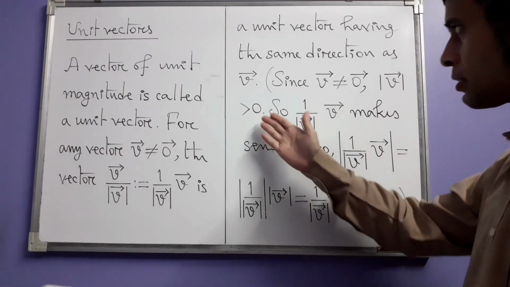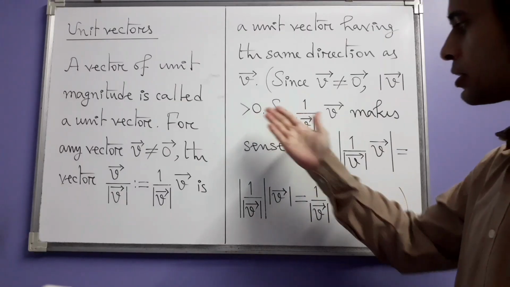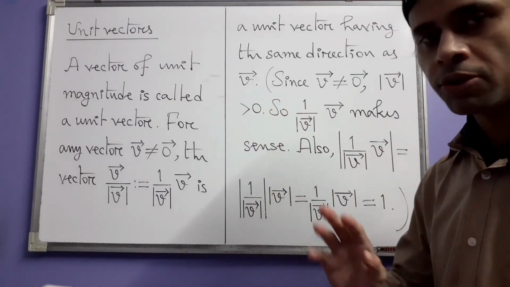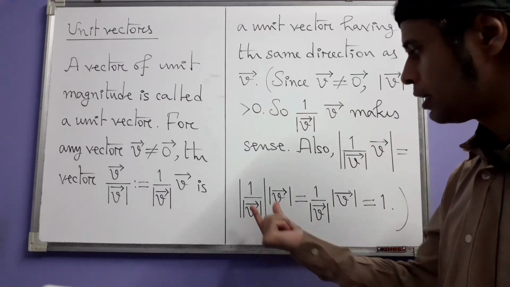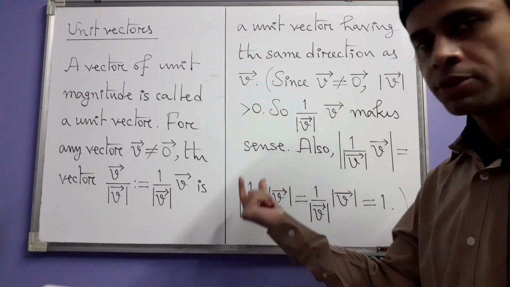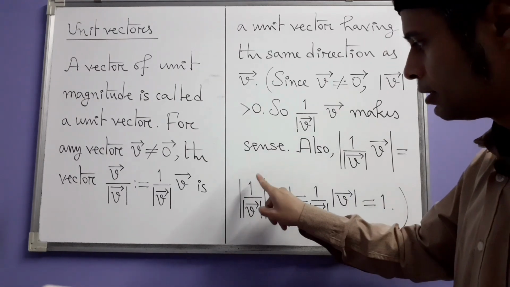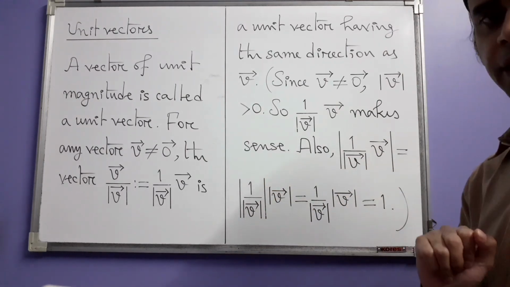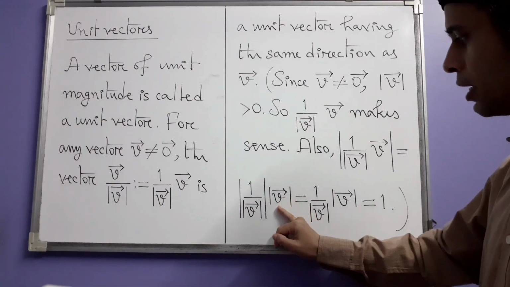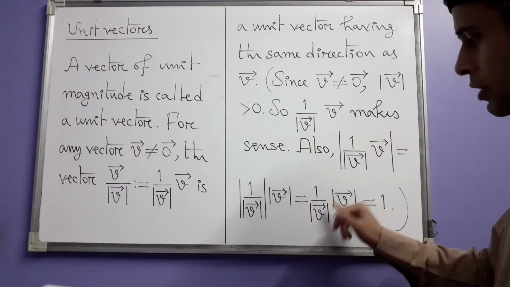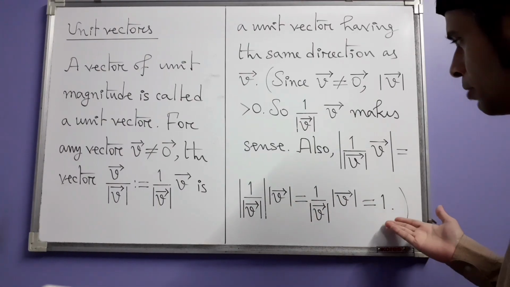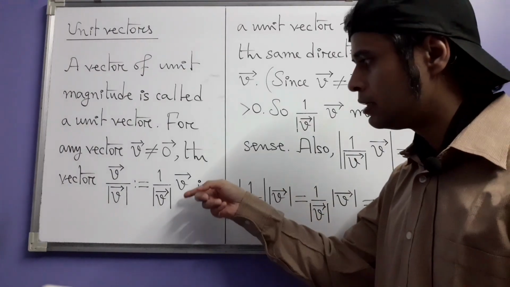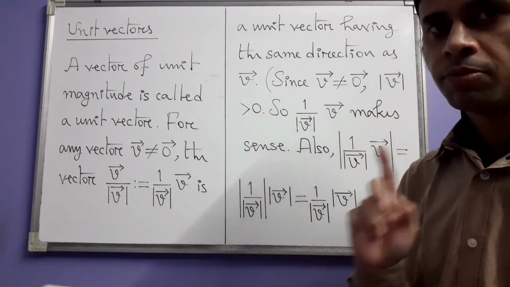Just now we noted that this is a positive real number, so its reciprocal is also a positive real number, and that is why by the definition of absolute value, this absolute value is the real number itself. So after cancelling these two things you get 1. So yes, this is really a vector of magnitude 1.